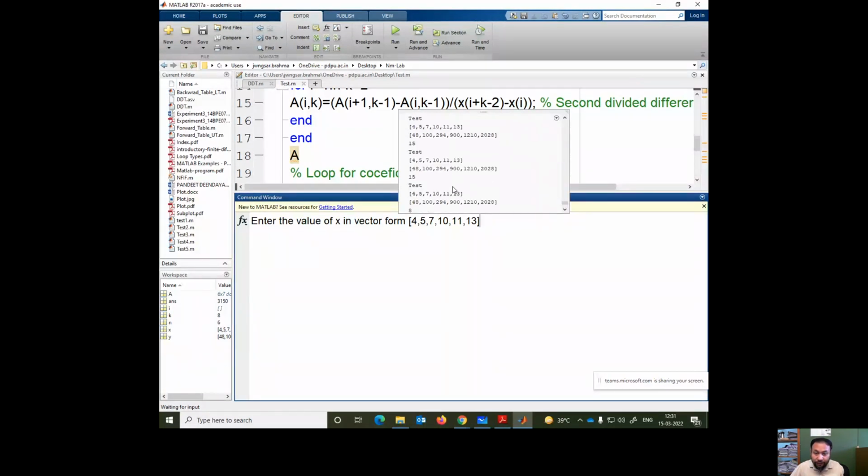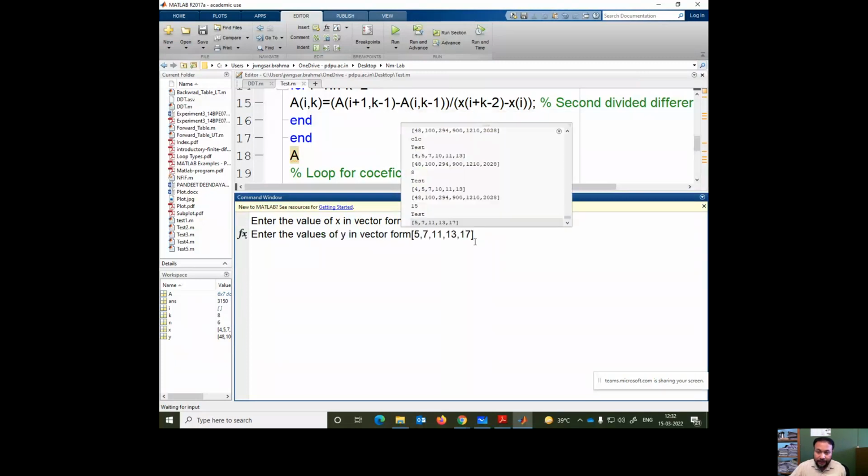No, let's take other values. Yes, 5, 7, 11, 13, 17. Okay, take the values of y. The values are 150, 392. Yes, I took this one.